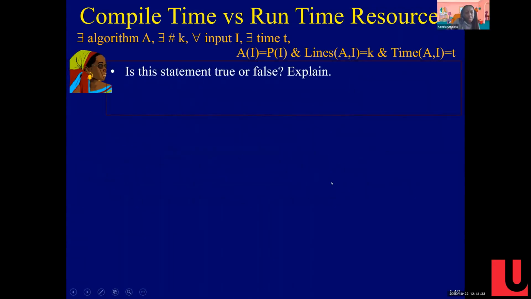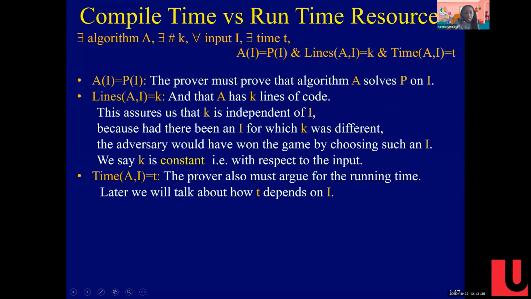Sorry, could you repeat that last one again? I was a bit confused. All right. Good. So what am I saying about time? Here I'm just saying there exists a time, but it comes after the input. There is some running time that comes after the input, so the time does depend on the input. And I made two points about that.